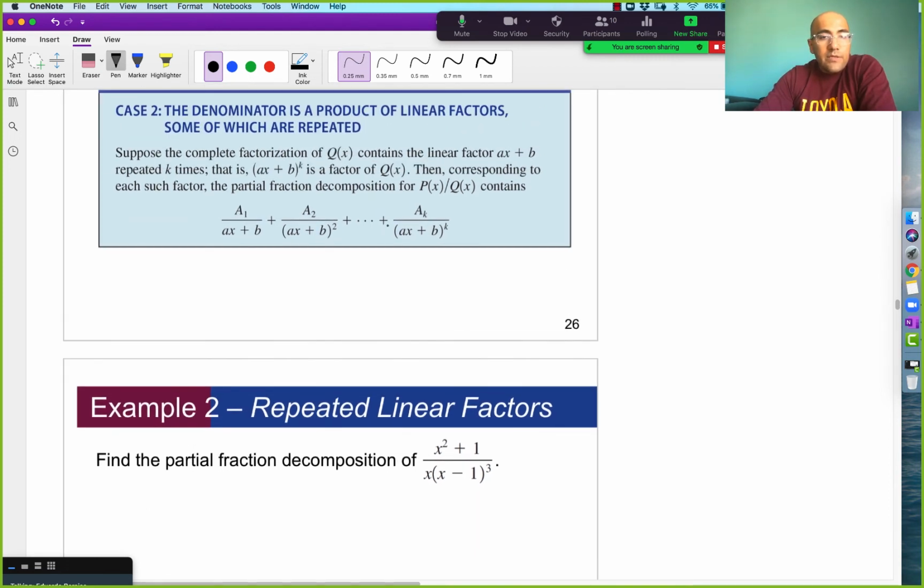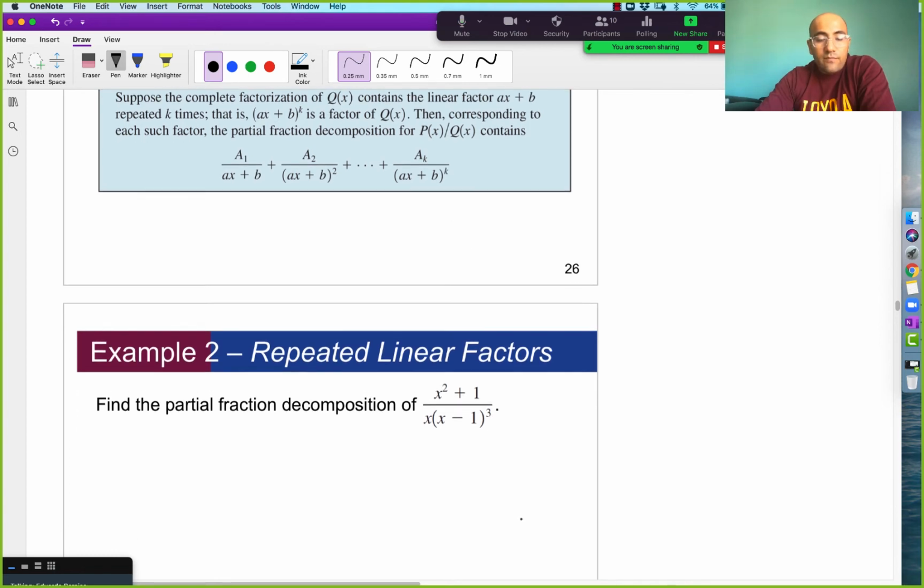So what this property is telling us is that we have to provide a fraction for each one of the powers of the factor x minus 1, starting at 1, leading up to 3, which is the power represented in the factorization form.